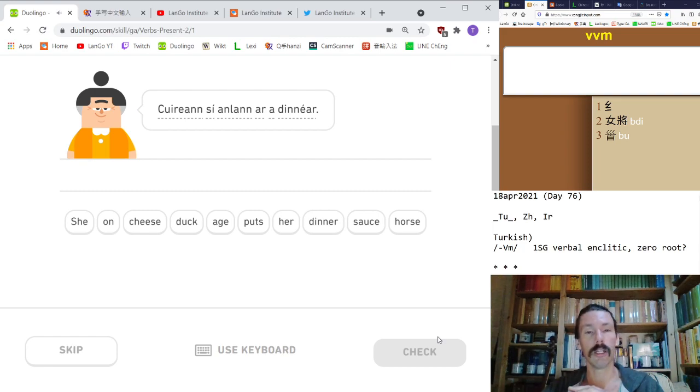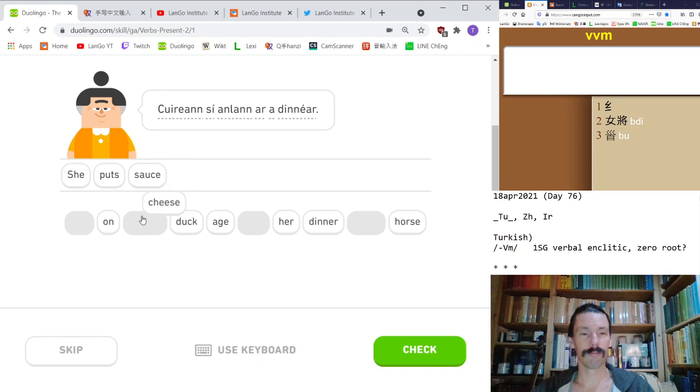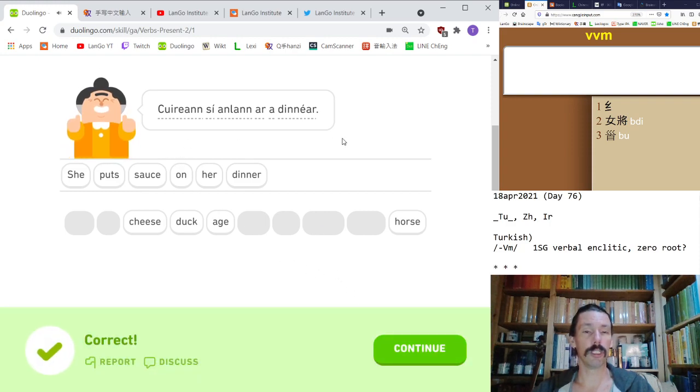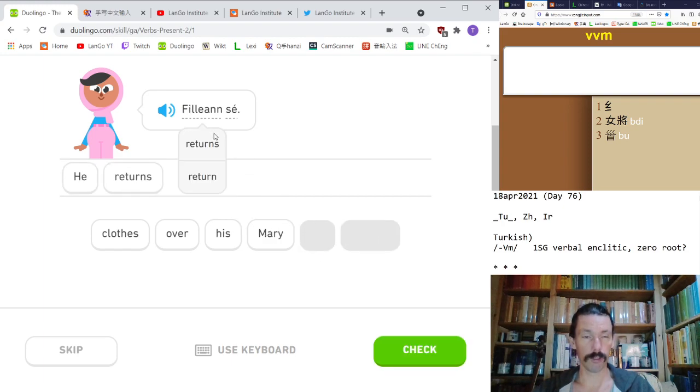Kujen shi anlan arajinyar. She cooks soup, sauce. Kujen, she, what is it? Puts sauce on the dinner. There we go. Ajinyar is the her possessive. Kujen shi anlan arajinyar. Fillion sé. Fillion she. He returns? Yeah. Return fill.